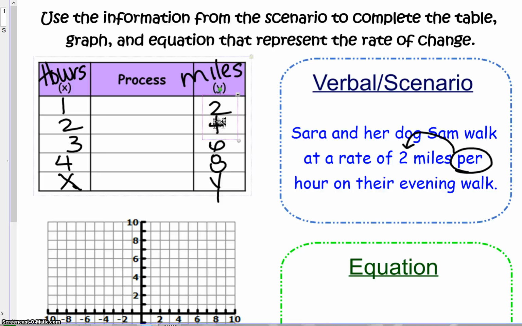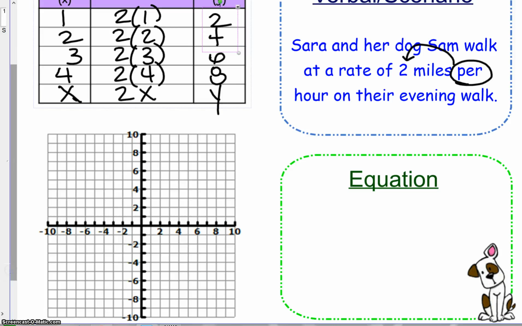So our process is 2 times 1, 2 times 2, 2 times 3, 2 times 4, and that would make 2x. So with just the information from the table, we can go ahead and write our equation. Y equals 2x. Easy.